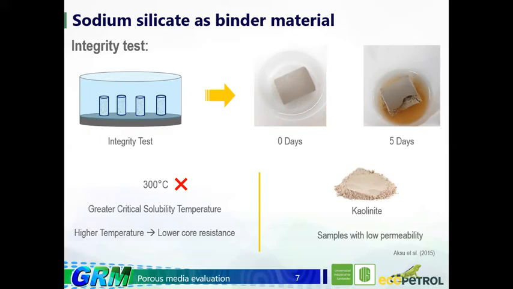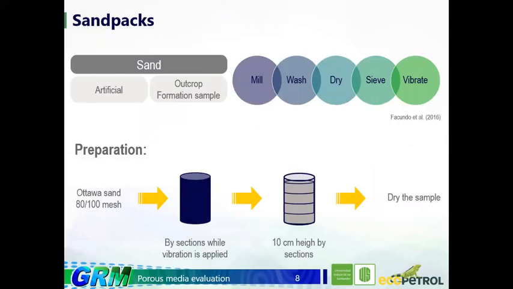However, this clay creates a problem: the samples that contain kaolinite have low permeability, which is not the intention of this experiment or design. So that's why we continued to the other one, the Sandpack.